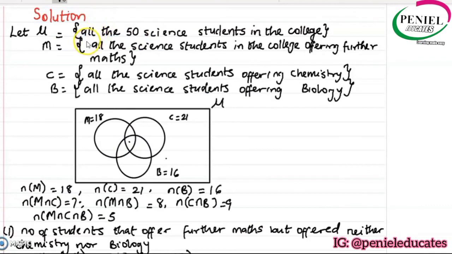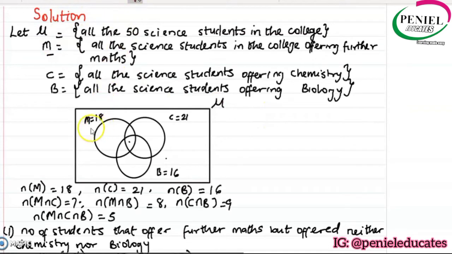Okay, so let the universal set be all the 50 science students in the college, and we have M for all the science students in the college offering further mathematics. So M stands for further mathematics. Then C for students offering chemistry, and B for students offering biology.